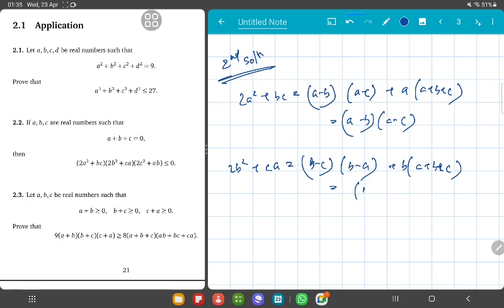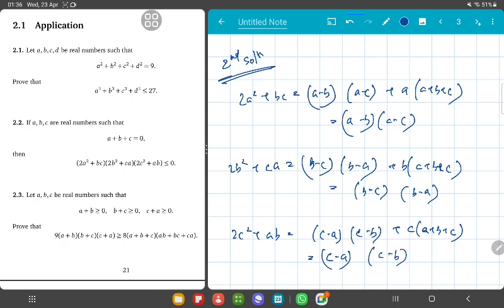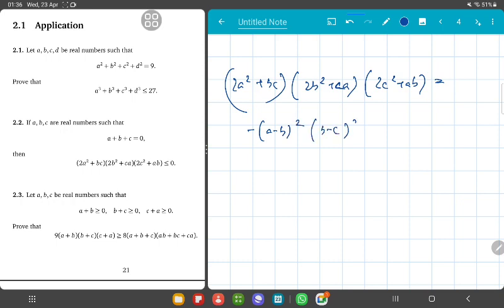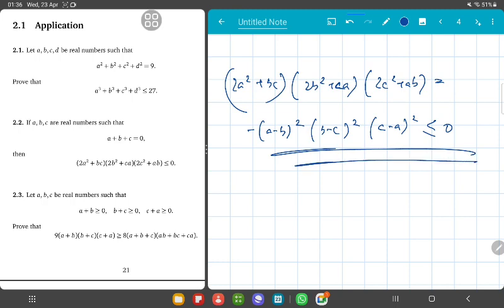When you solve this, you will get b minus c, b minus a. 2c square plus ab equals c minus a times c minus b plus c times a plus b plus c, so you will get c minus a, c minus b. Therefore you can multiply them all: the product of 2a square plus bc, 2b square plus ca, 2c square plus ab equals minus of a minus b square, b minus c square, c minus a square, which is less than this. This is also another way you can prove this.